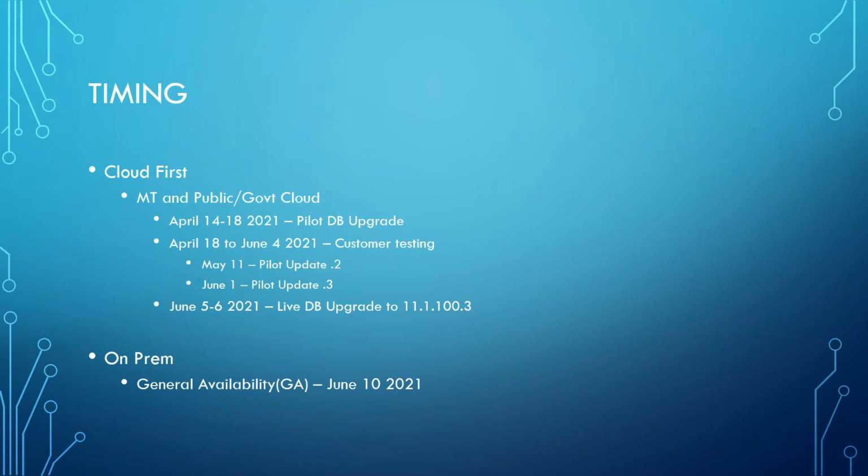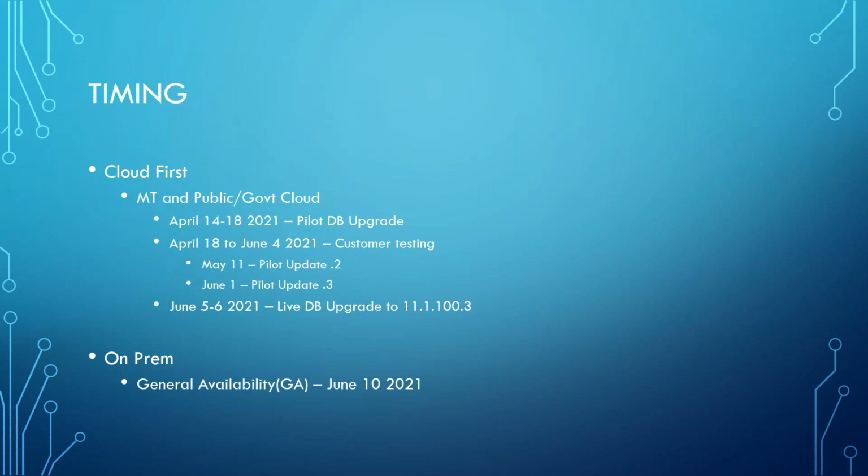And as you see here, there is one more update that will be applied into those pilot databases, and that is on June 1st. Pilot will be updated to Kinetic 2021.1.3.